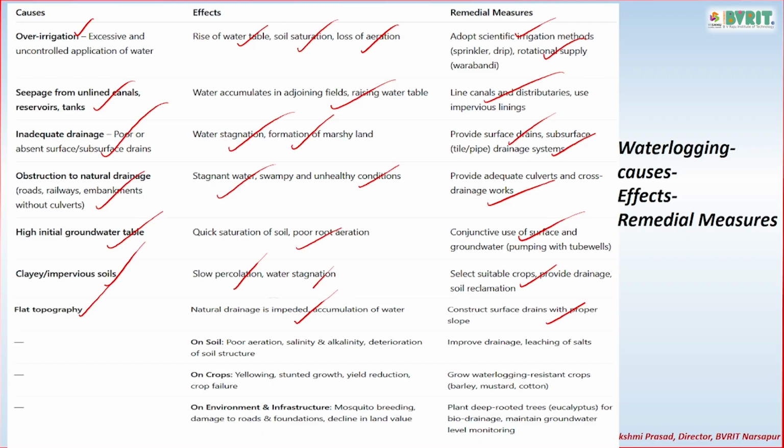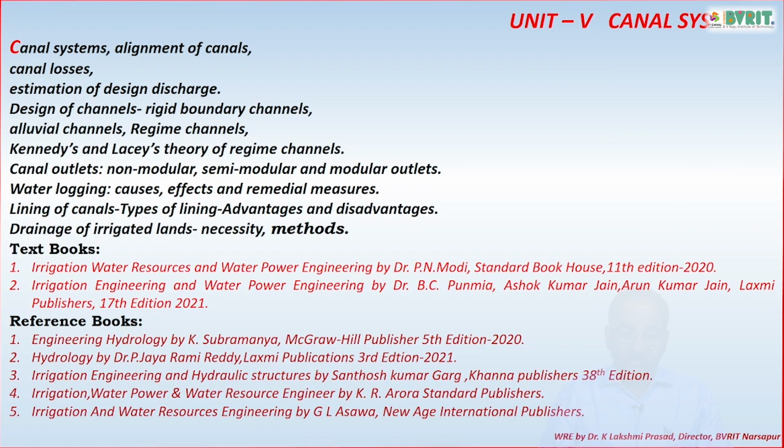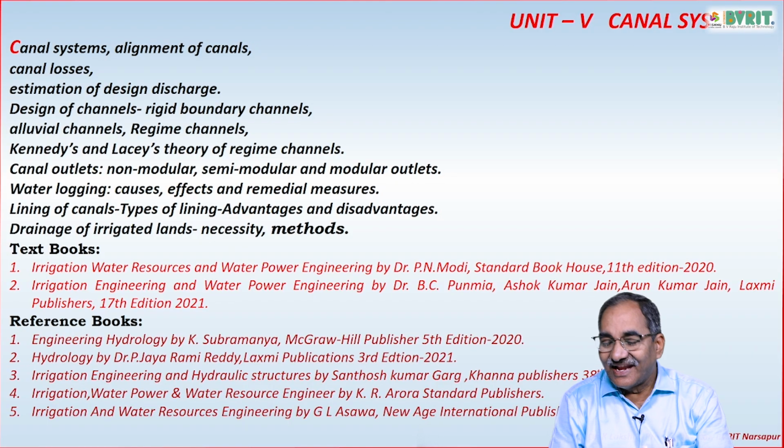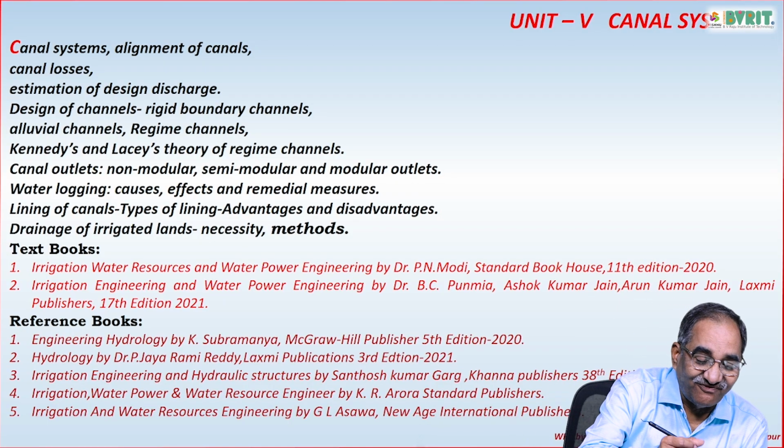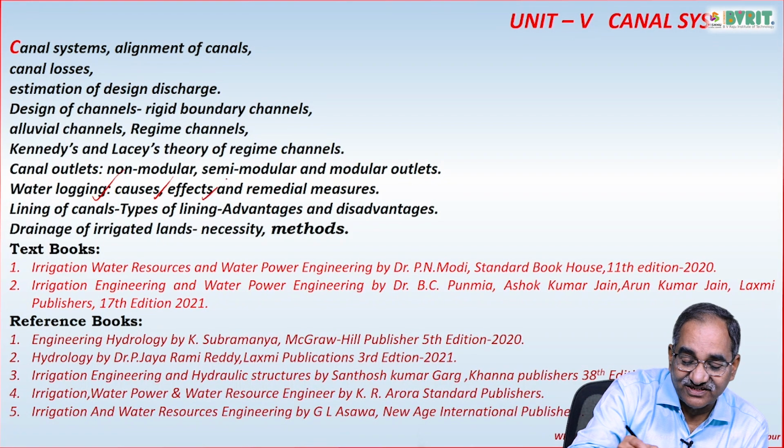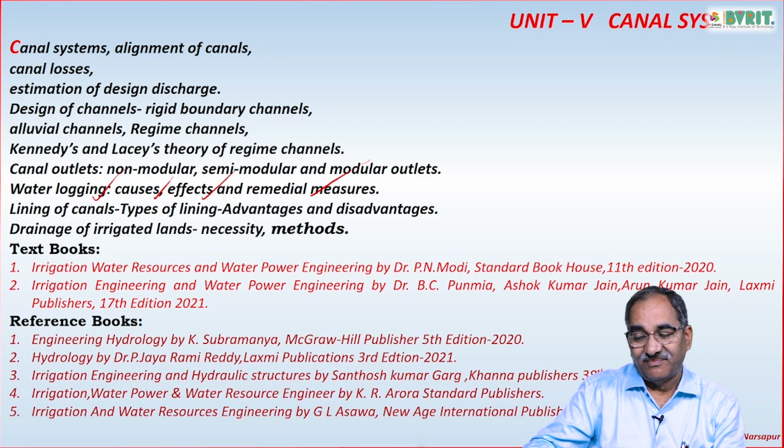What are the remedial measures? Waterlogging resistant crops. Plant deep rooted trees like eucalyptus we need to grow. So this completes another topic, the waterlogging, causes of waterlogging, effects of waterlogging and remedial measures.